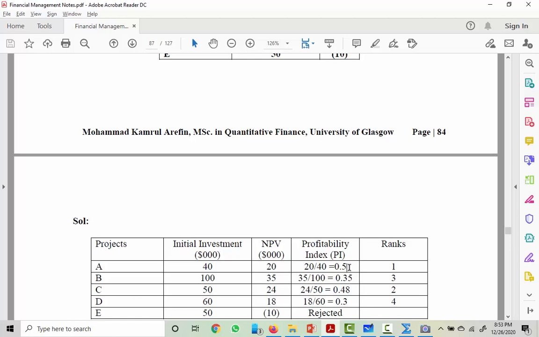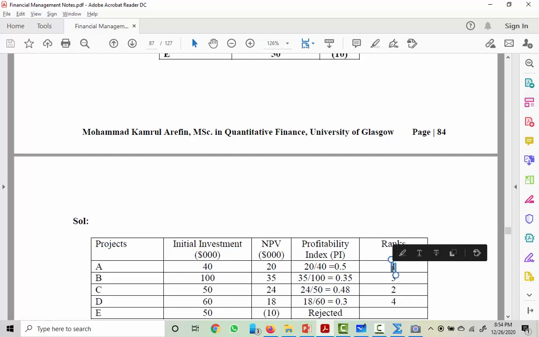So this is the best project out of all 4 projects. Why 4 projects? Because project E got negative NPV, so it is out of question. It is rejected because here NPV is negative. So out of these 4 projects, project A is the best because it has the highest profitability index.